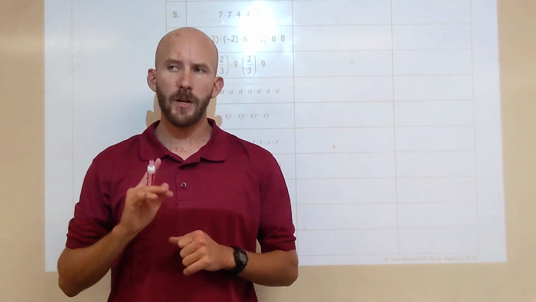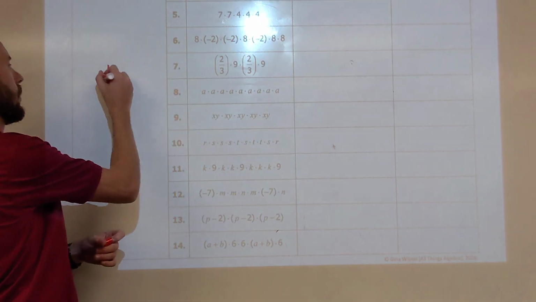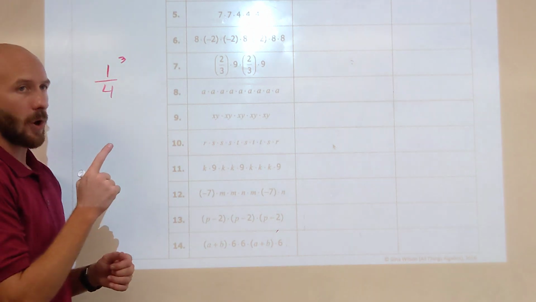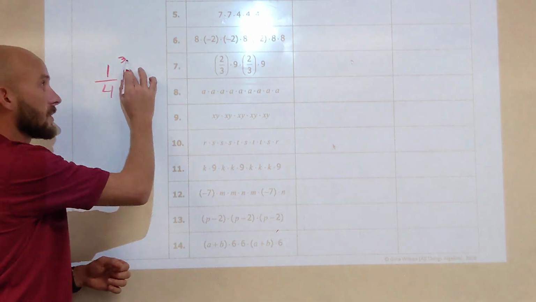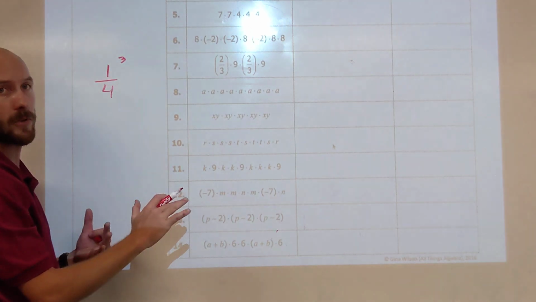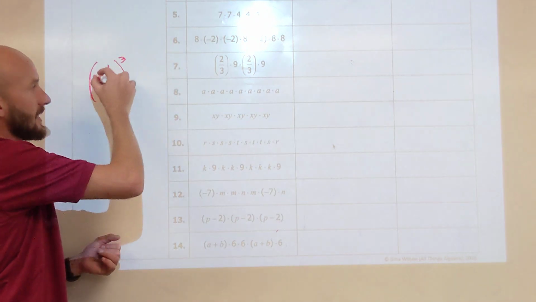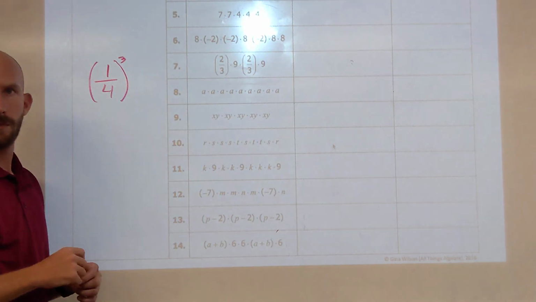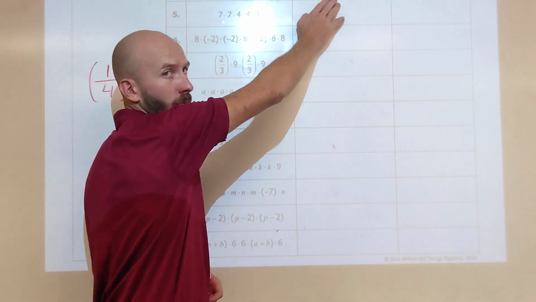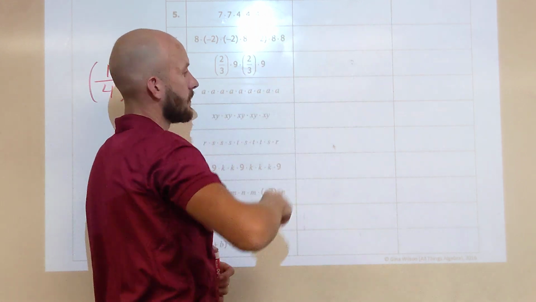The reason is that if I just put 1/4 to the 3rd power, that looks an awful lot like 1 to the 3rd over 4, which would be different. I want to make sure that the exponent goes to the entire thing. So just like a negative number, put a fraction in parentheses and then put your exponent.